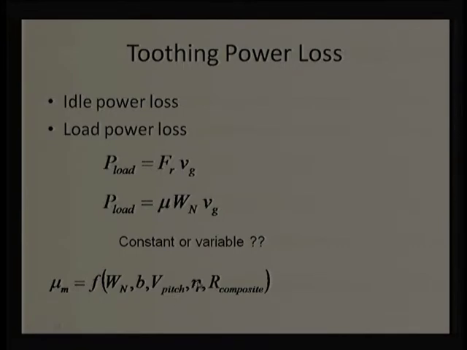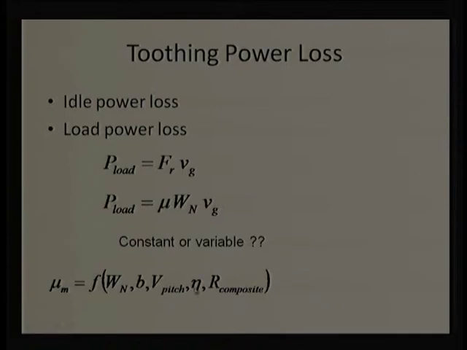With higher viscosity, there is more possibility of a higher value of mu m. But this mu m will depend on the range. There is a possibility that we take a very thin oil, of almost negligible viscosity, but that is going to cause the gear to operate in boundary lubrication. In that case, mu m will be higher.